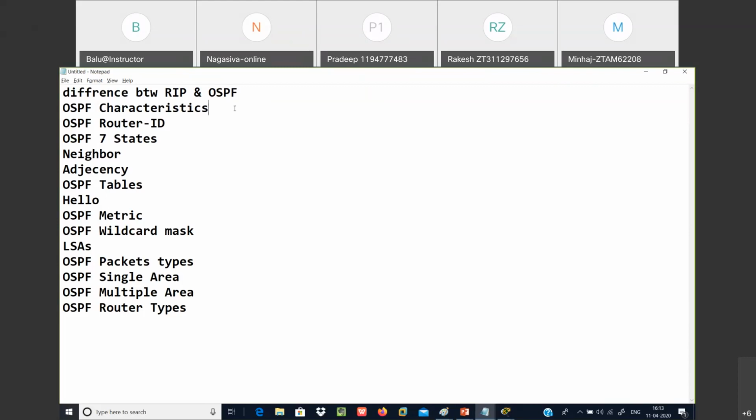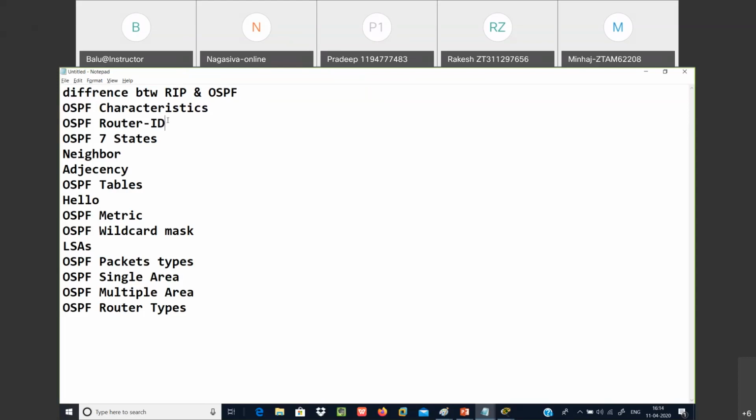And OSPF sends multicast hello packets using which IP address? 224.0.0.5. And the administrative distance of OSPF? 110.